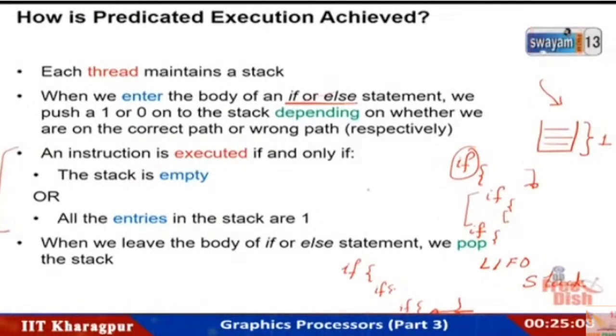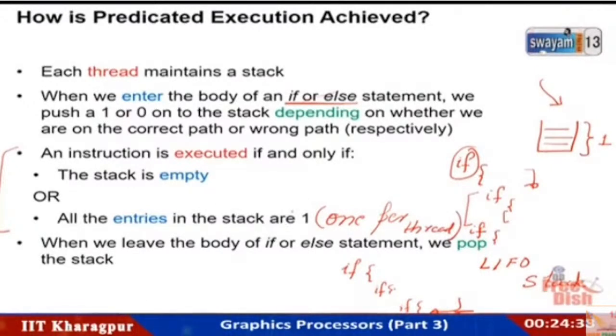Or as I have just described, the last-in-first-out stack: if all the entries in the stack are 1, so we have a separate stack for each thread. This is not the programming stack, okay? It's a separate stack which only stores the results of predicated execution. So if all the entries in this predicated stack are 1, so we maintain 1 stack per thread in the warp.